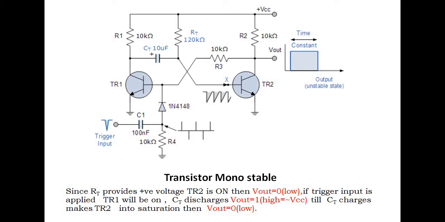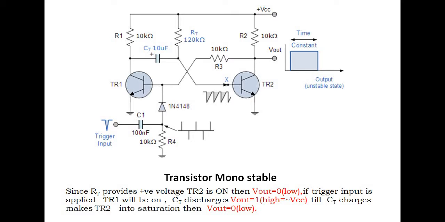As the voltage on the capacitor is changed suddenly from high to low, earlier TR1 is in cutoff mode, so the output of TR1 is high, so one end of the capacitor is provided with VCC, and now the same capacitor end is provided with 0 volts, right?